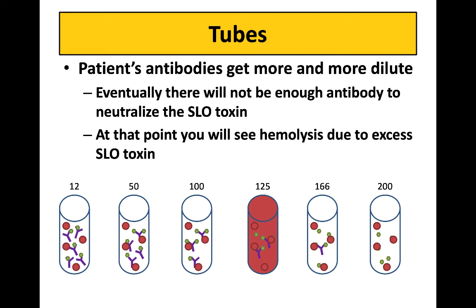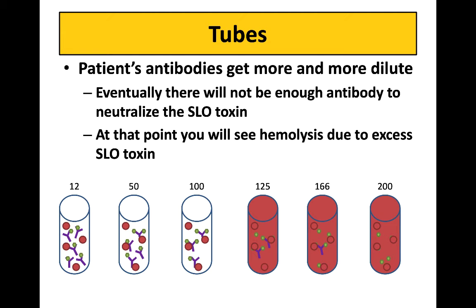You would also expect to see hemolysis in pretty much all the tubes following that 125 because all of them have free SLO that has not been neutralized by antibodies. Basically it means that the SLO is going to destroy the red blood cells and you should see hemolysis.